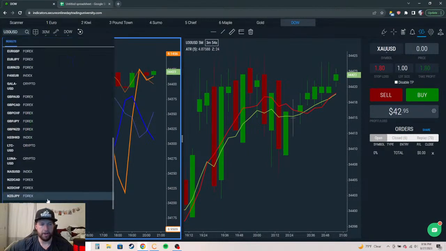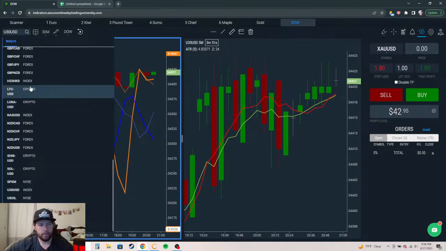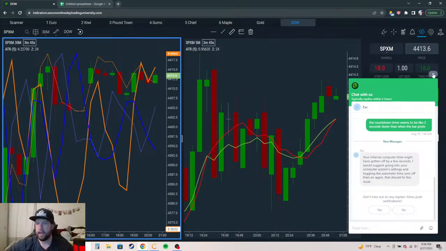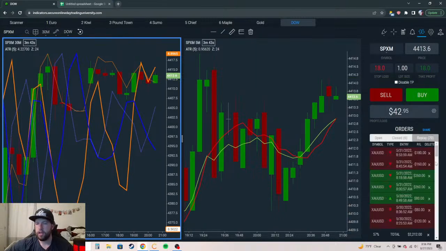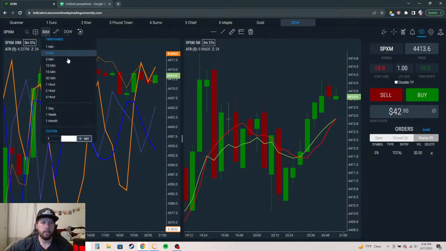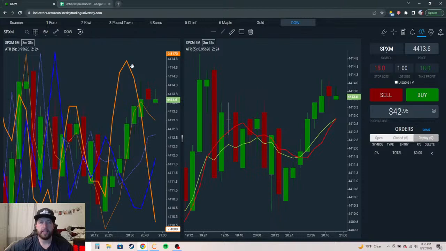So let's pull up that chart. There it is. SPXM. Get that out of the way. So basically we're testing every day of the month between 7:30 a.m. to 9 a.m. Mountain Time. Eastern Time, that would be 9:30 a.m. to 11.